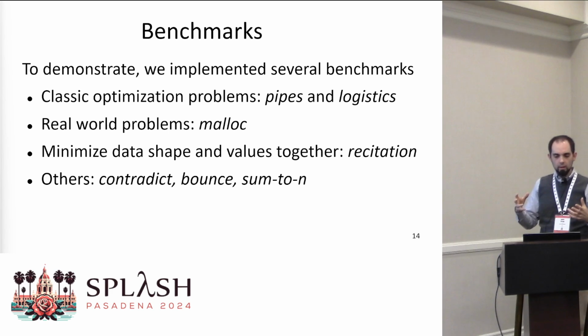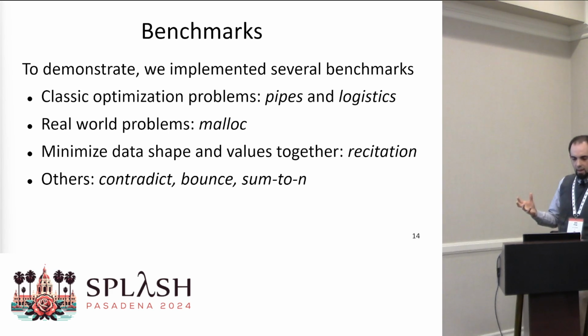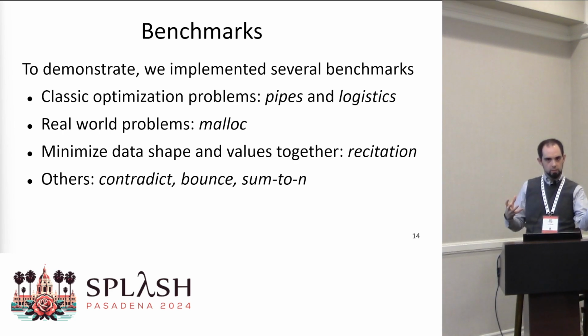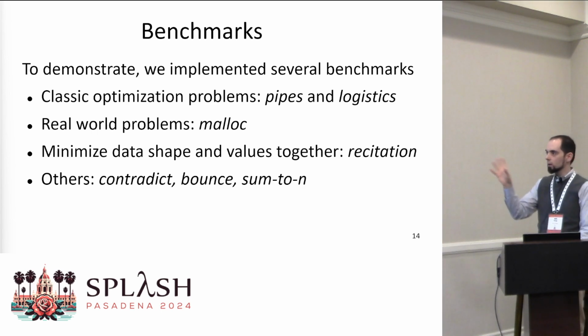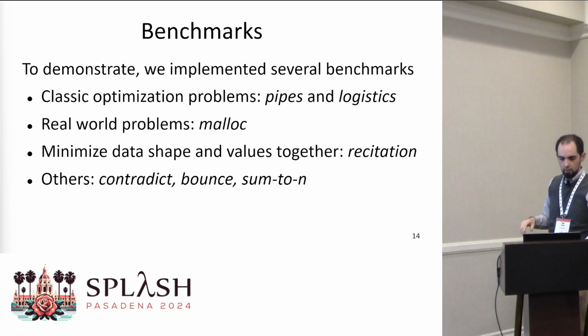There are a lot of dimensions here because it's not only filling things out, but also their shape. It's deciding the shape, the size, and the values at the same time. So this is kind of a killer app here. And there are others, including some micro benchmarks that I'm not going to discuss.